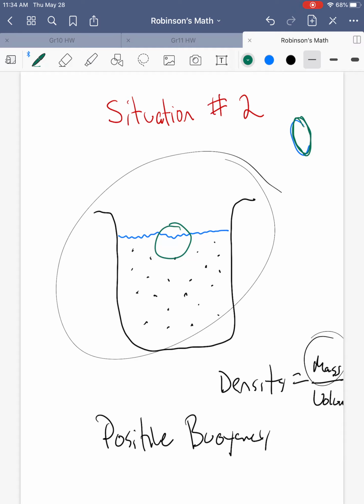And as such, Earth's gravity is able to grab onto the water and pull it down first before it pulls down on the egg. And as such, the buoyant force will cause the egg to float to the top of the fluid, which causes positive buoyancy.